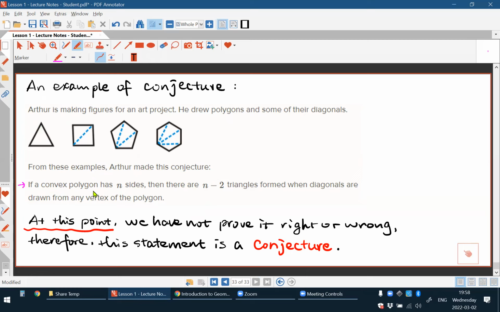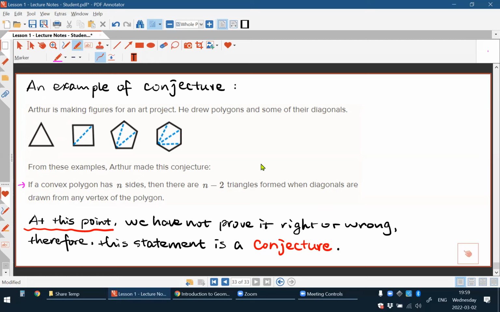If a convex polygon has n sides, then there are n-2 triangles formed when diagonals are drawn from any vertex of the polygon. So apparently this is a statement. We haven't proved this yet, right? We don't know whether it's true or false, right? At this point, we have not proved it right or wrong. Therefore, this statement here is just a conjecture. It's not a theorem. Do you understand?